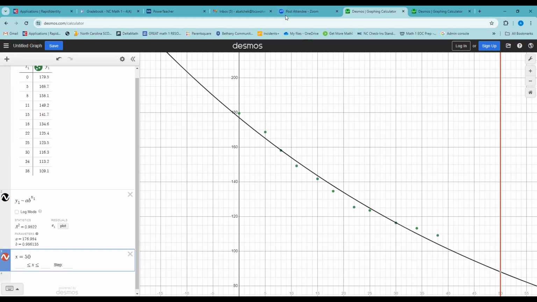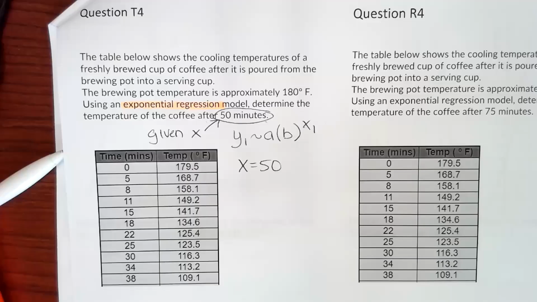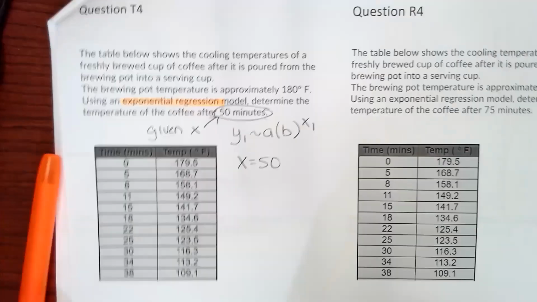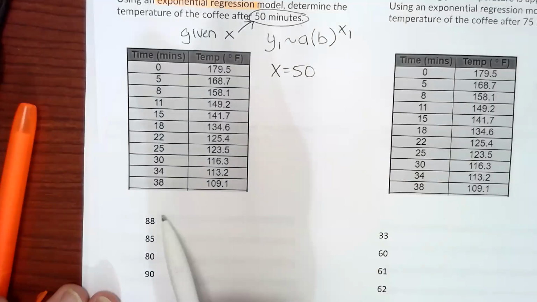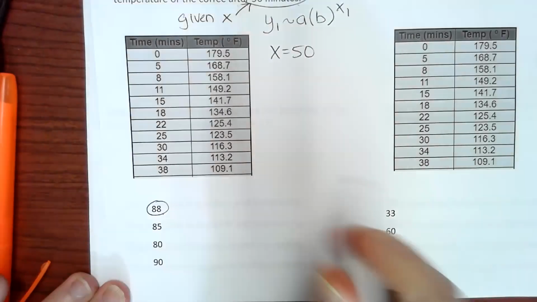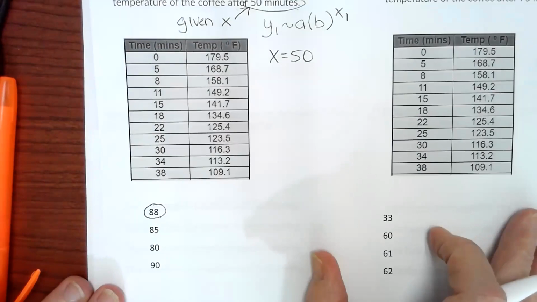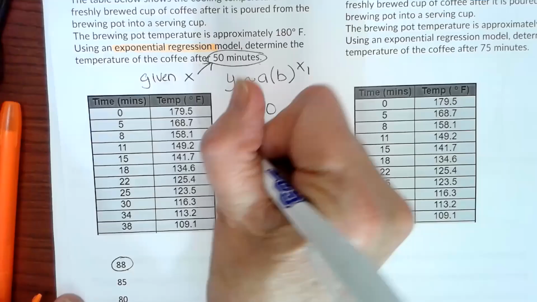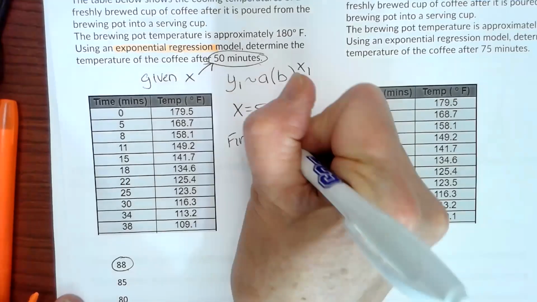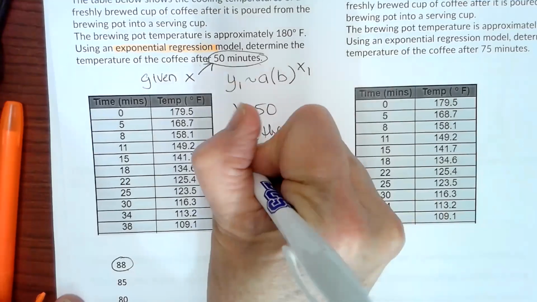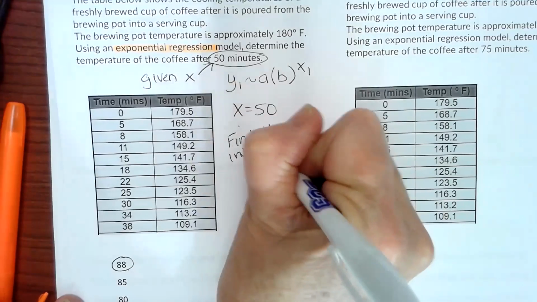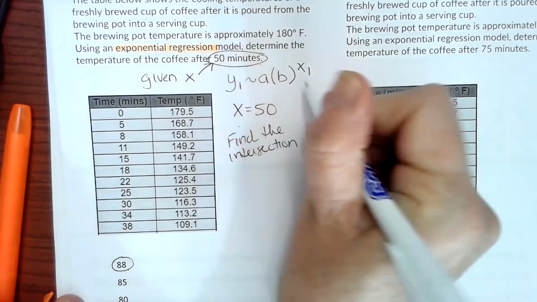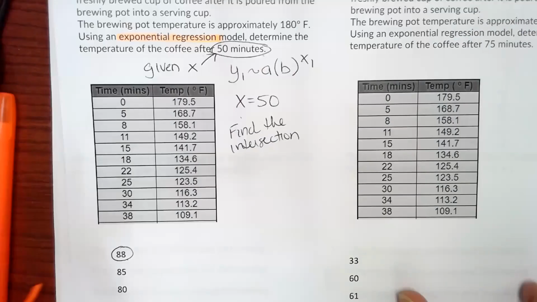Okay. So 88 is the correct answer. Right, find the intersection. Okay. All right. Last one.